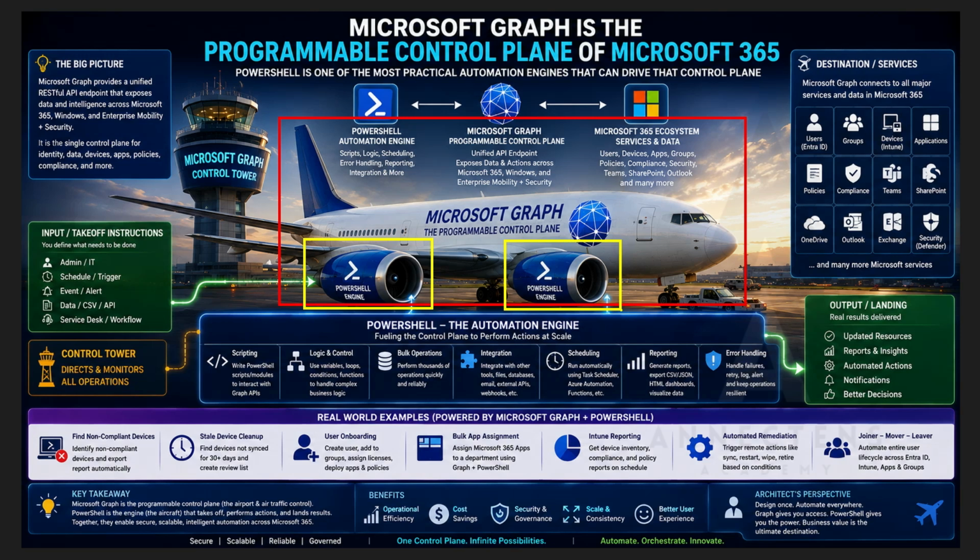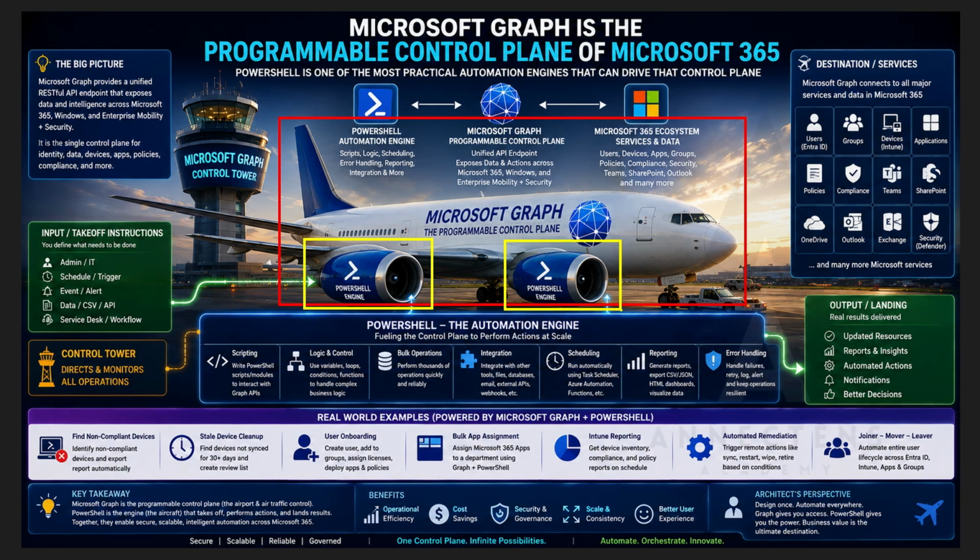Let's take an example from zero. Everyone is a professional here, right? Imagine you are working in an organization with 50,000 users, 30,000 Windows devices, and 10,000 mobile devices. I'm taking a high number, okay? You are managing 5,000 groups, 1,000 applications, and 100 Intune policies.